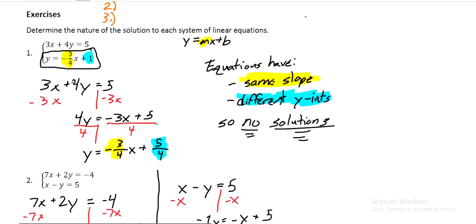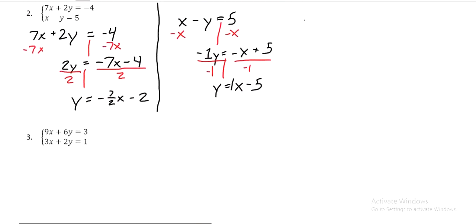So we'll start out the same: the equations have, in this case, different slopes. One slope is negative 7 over 2, the other slope is 1.